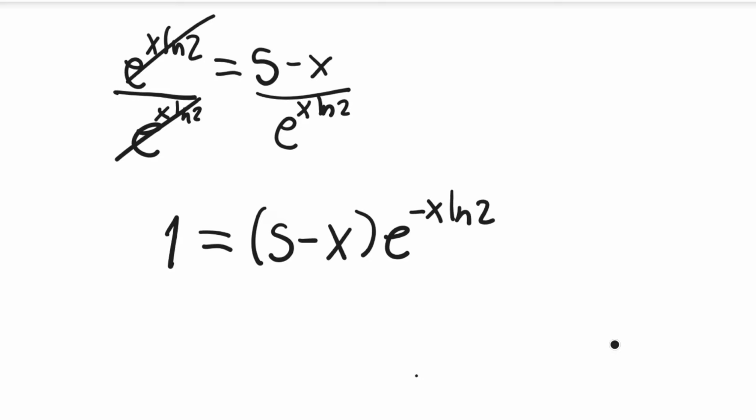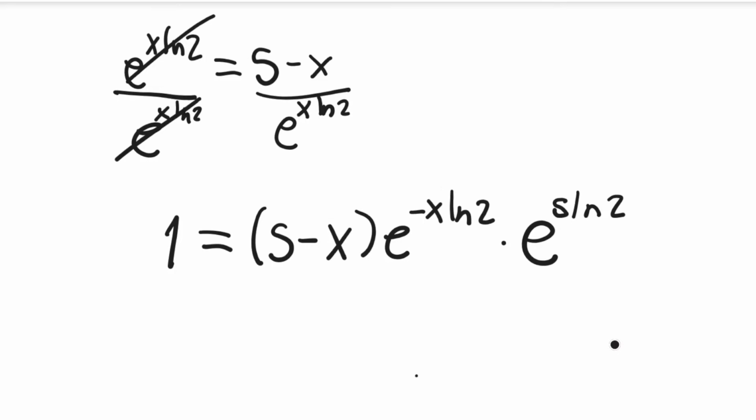So what can we do now? Well, I suggest that in order to get this 5 over here, we multiply this by e to the power of 5 natural logarithm of 2. Why by natural logarithm of 2? Because here we have natural logarithm of 2 as well.